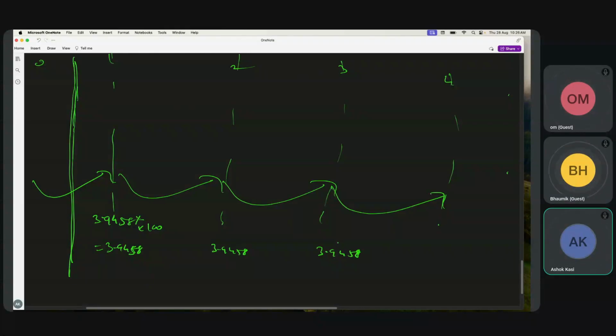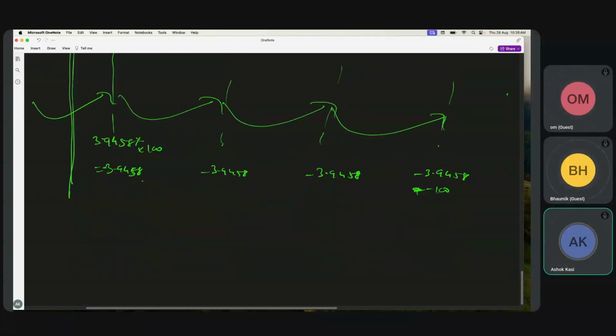We are paying USD, so that means we have received the AUD notional amount, right? Plus 100, that means this is all minus. This step is okay.